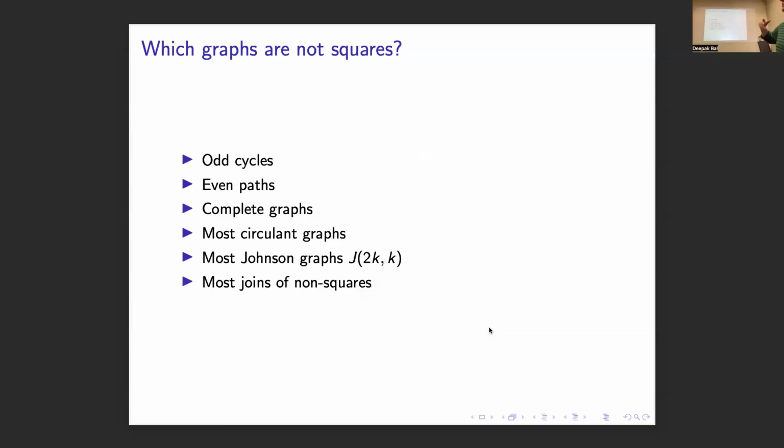Okay, so these graphs are not squares. A lot of the time you can come up with a proof by contradiction. If it was a square, then there would have to be one vertex that is fixed by the involution, but then it would have to neighbor some vertex that's not fixed by the involution. And so you kind of go down this rabbit hole of if-thens until you find a contradiction.